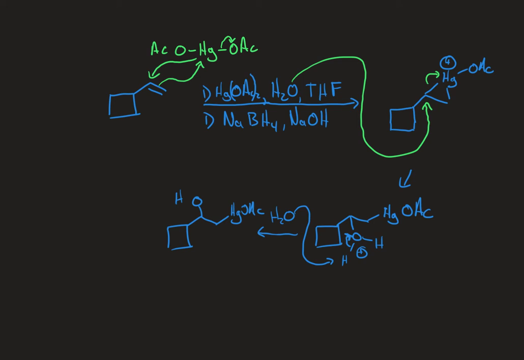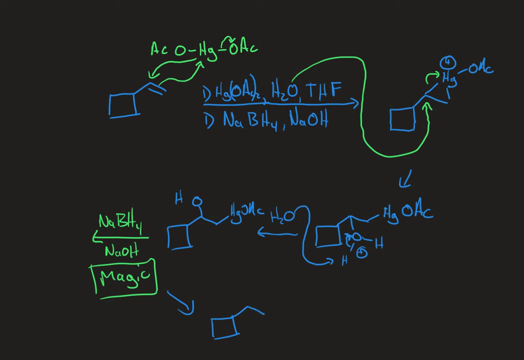Finally, we're going to add sodium borohydride and base, and in a magic reaction, that mercury is going to be replaced by a hydrogen to give you the Markovnikov addition product with no rearrangement.